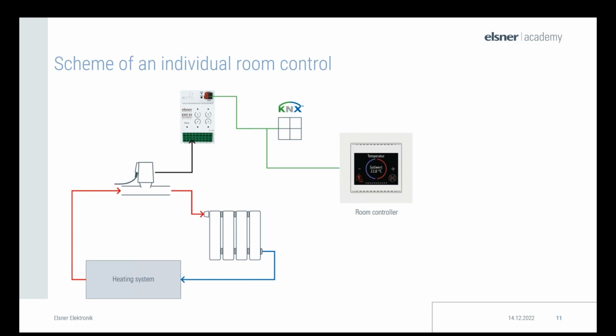Okay, let's dive into this schematic. The Kala room controller shown in the graphic compares the set point and the actual temperature and calculates the manipulated value from this. The manipulated value is sent in percentage via the KNX bus to the heating actuator.